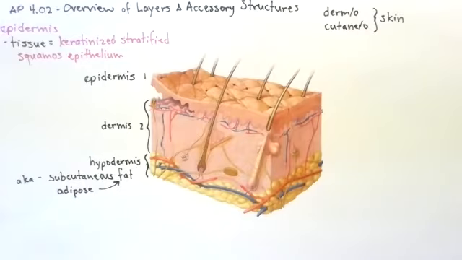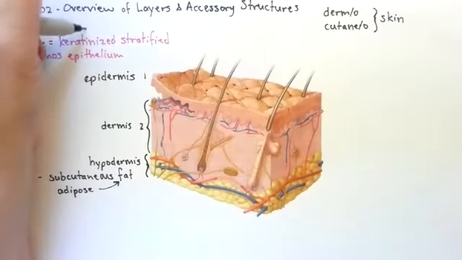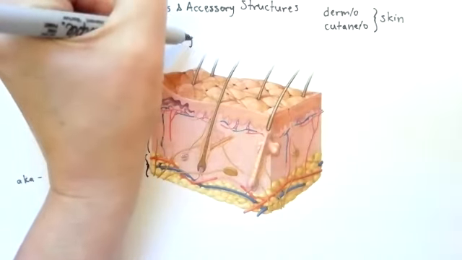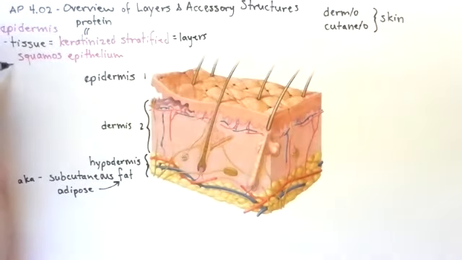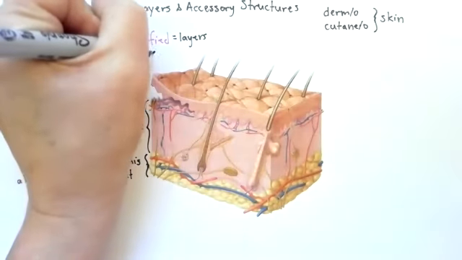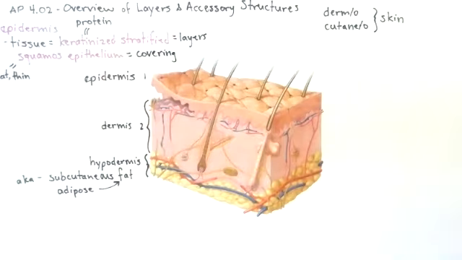So keratinized is the protein. Stratified means layers. Squamous means flat and thin. And epithelium means covering, in a sense. I'm kind of loosely translating that. So the tissue type is keratinized, stratified, squamous epithelium.